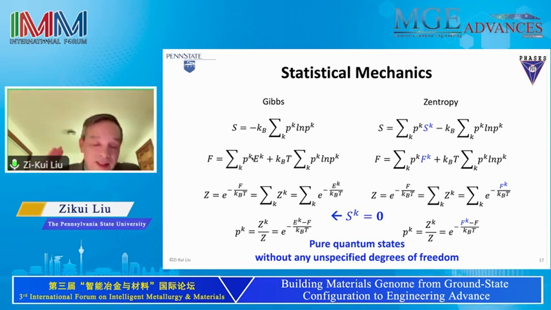So somehow he just visualized that there should be a pure quantum state. And that's exactly what quantum statistical mechanics is talking about: configurations of pure quantum states without any unspecified degrees of freedom. So the theory is fully complete now. The only improvement we have is that we get a more accurate free energy.